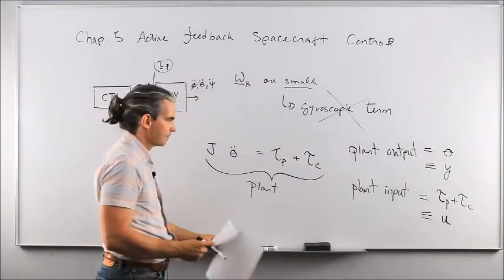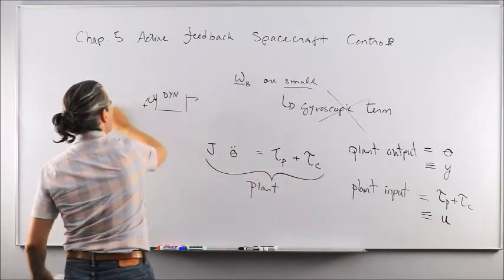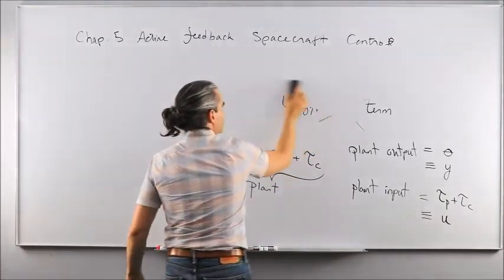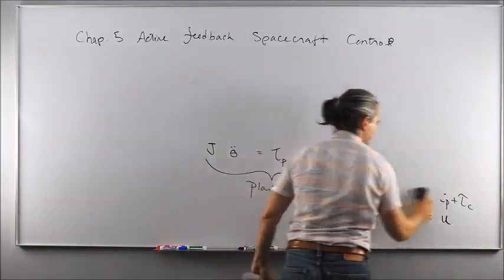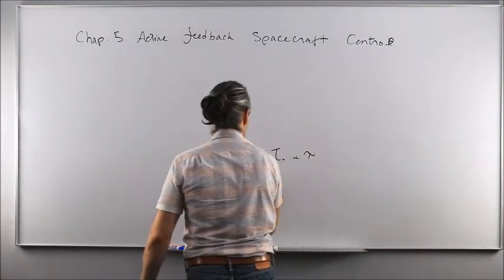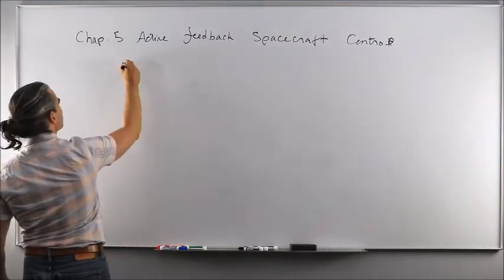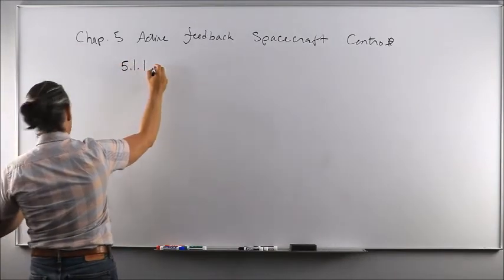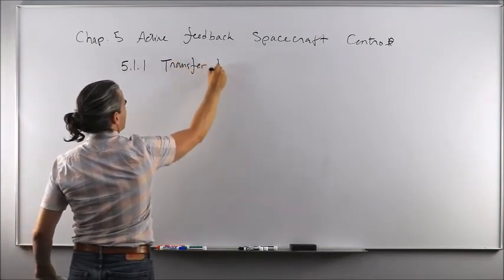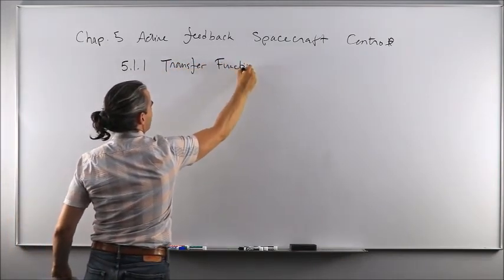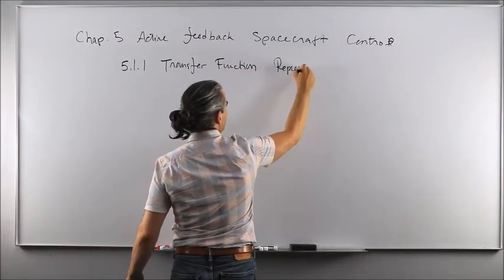Okay, so that kind of sets the stage for 5.1, which hopefully will be some sort of review of transfer functions and other properties of linear systems. The transfer function representation.